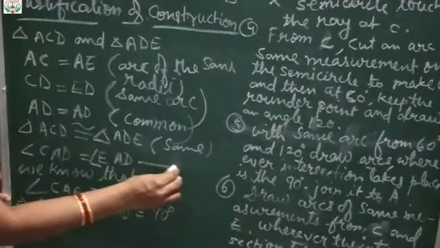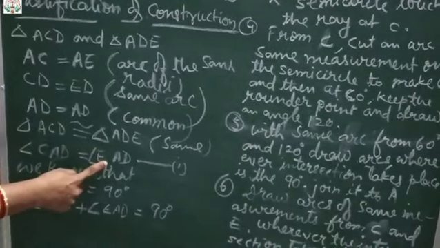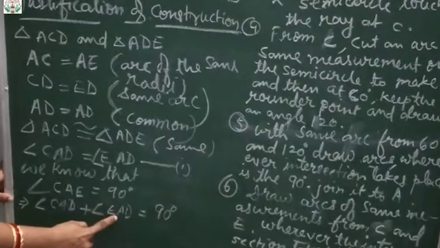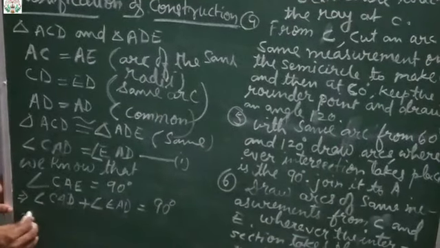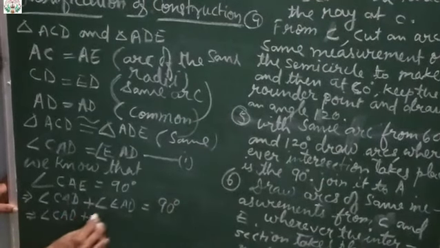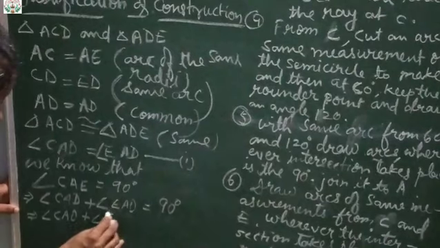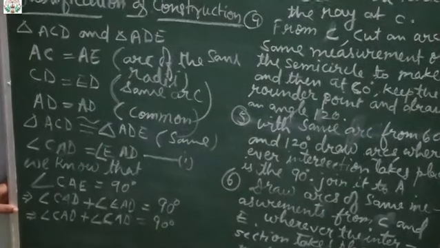Here, equation 1. In equation 1 we can see that these two angles are same. So now in place of this I can write this angle 2 times. So I can write angle CAD plus angle CAD equals 90 degree. Okay.